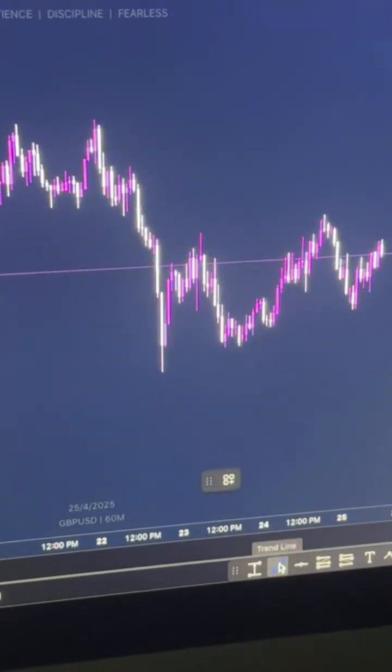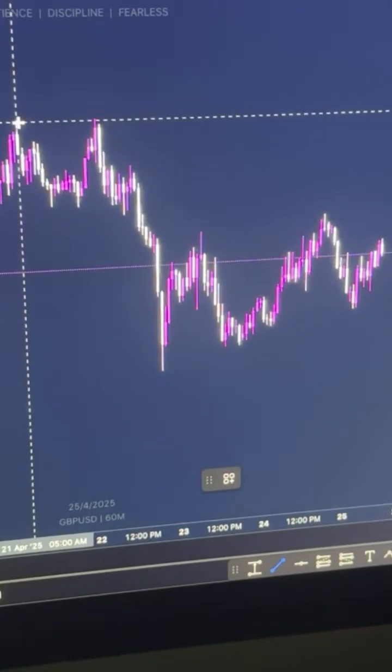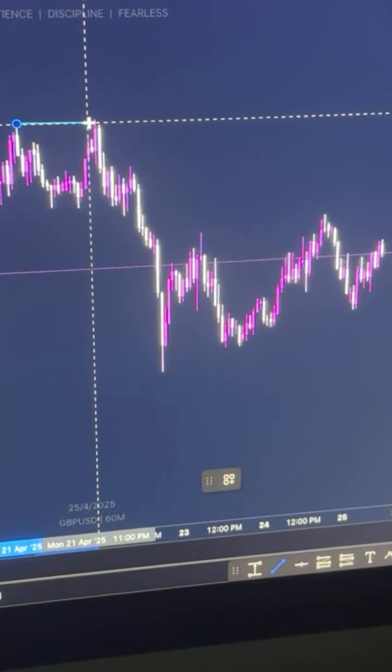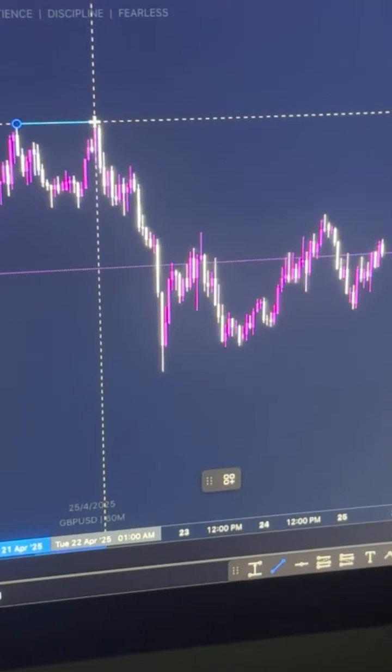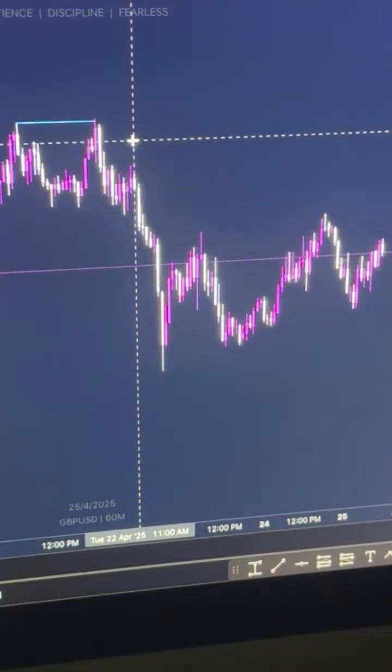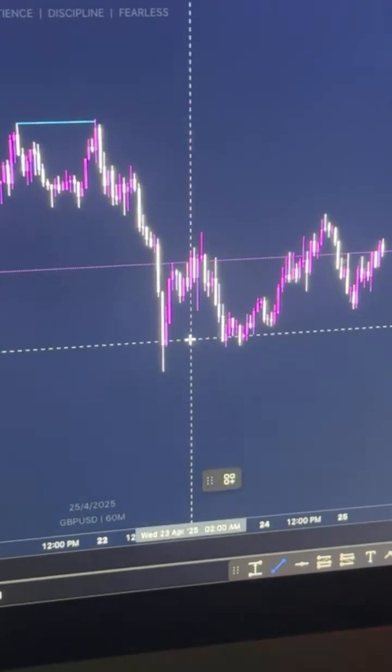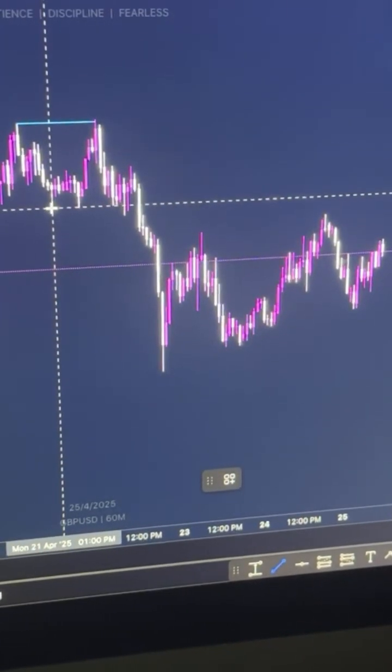Looking here, I see we make a sweep of this high. Yeah, we did sweep that high. Possibly after sweeping that high, we came down and broke this low here. Definitely we did.